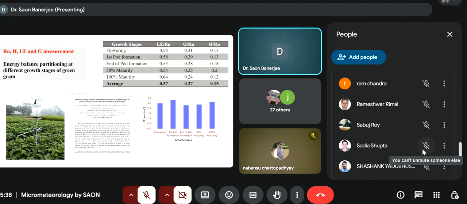If you have, for example, a net radiation sensor over the surface, you may have temperature and relative humidity measured at two places. For example, one at 50 centimeters, half a meter from the crop height, and another at 1 meter height.